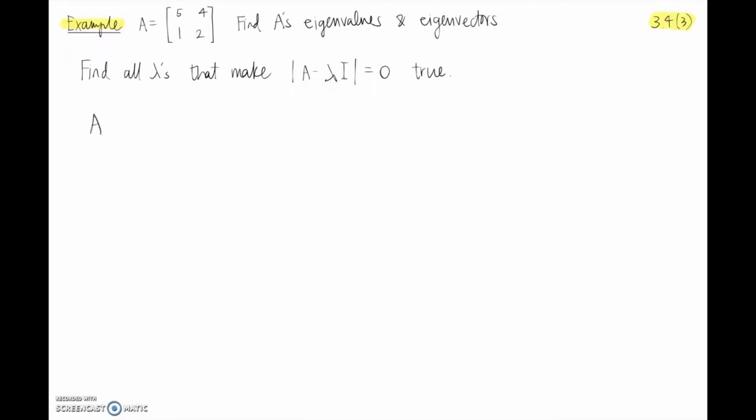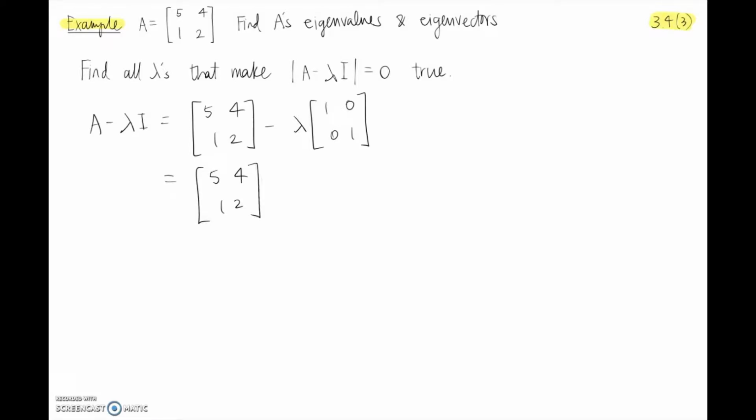So let's figure out what this would even look like here. A minus lambda I would be the matrix 5, 4, 1, 2 minus lambda times the identity matrix. I'm going to multiply that lambda through, so lambda times 0 is just 0, like that.